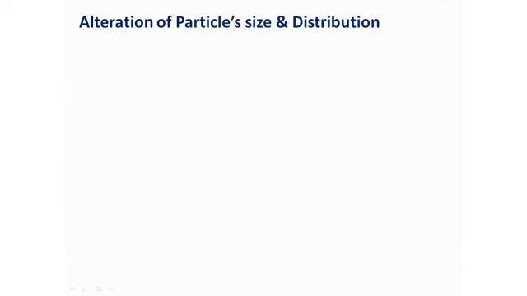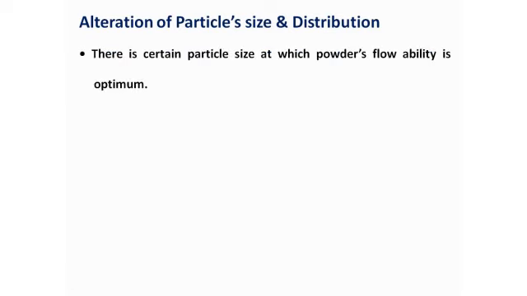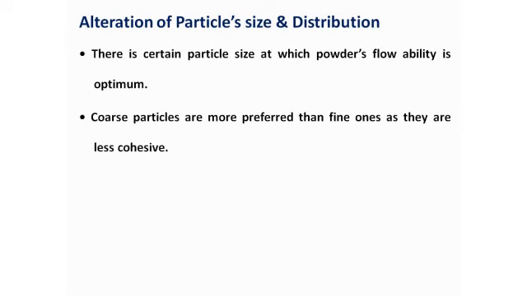So let's see the alteration of particle size and the distribution first. There is a certain particle size at which the powder flow property is optimum. That size at which the flow property is optimum is considered for formulation of the different granules or powder drugs, right?